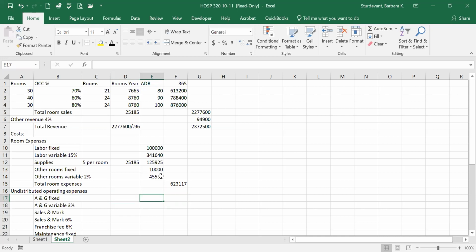So A and G, we had fixed 150, and then we had a variable, again a percentage of room sales. In this case, only 3%.